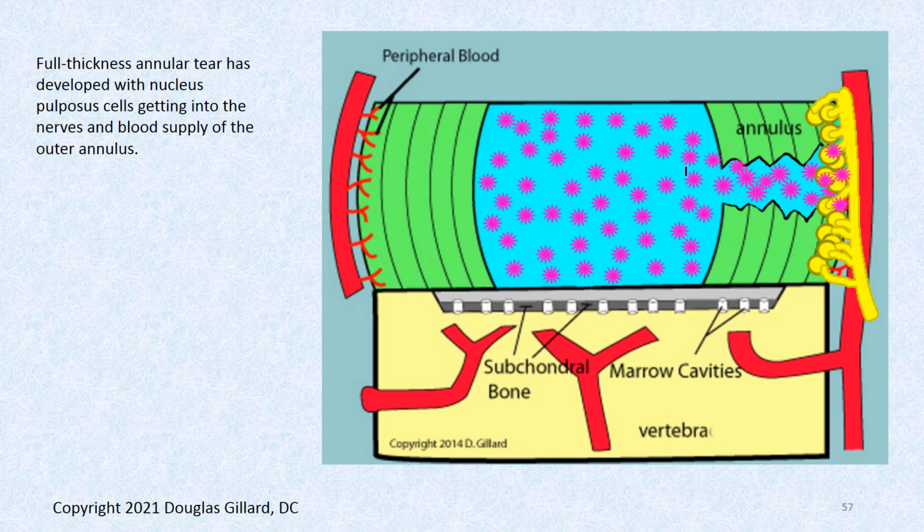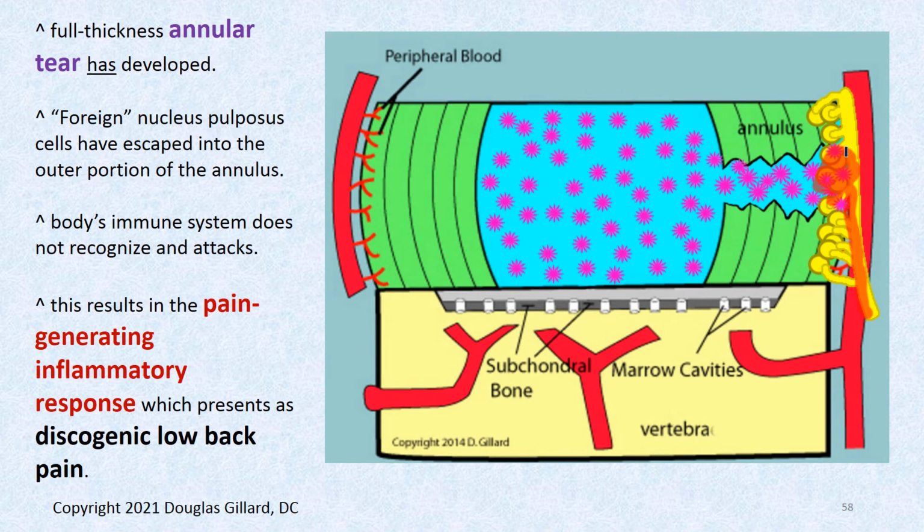But if you get an annular tear, then all these fibroblast cells go through the annular tear and they surround the nerves and the blood vessels. Blood vessels, of course, have blood in them. And the blood has the body's immune system in it. And the immune system goes, who in the heck are you guys? And you might get a wicked inflammation because of that. And that alone can cause horrible, horrible low back pain.